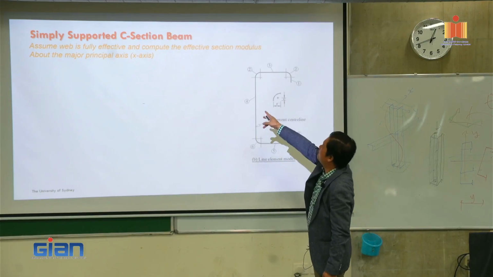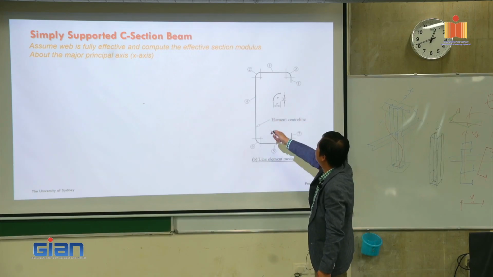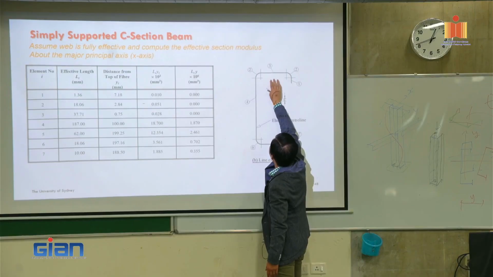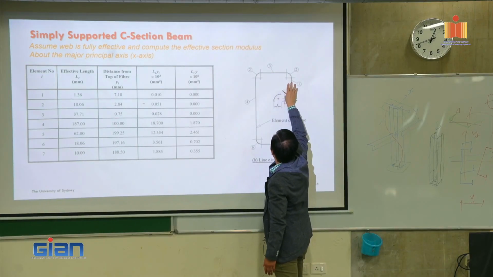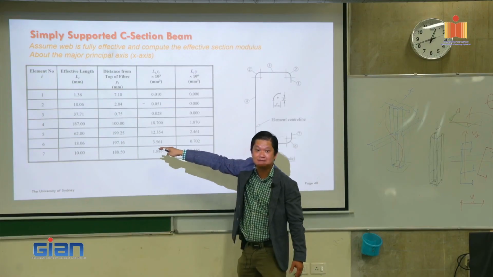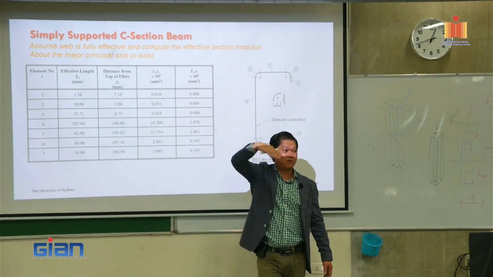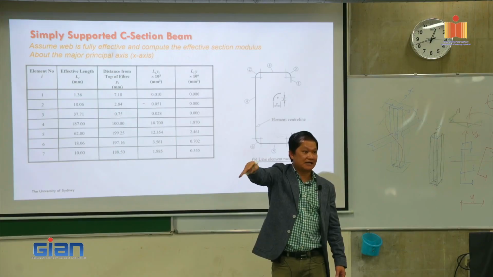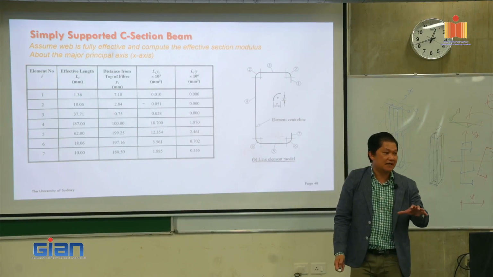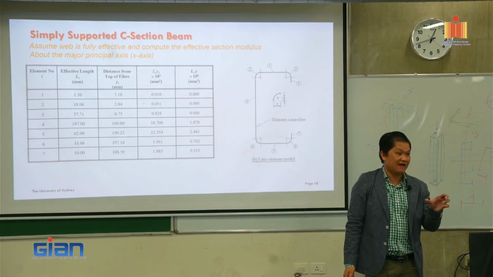We assume that first, and we put that into this equation with the fully effective area, but this is the effective area. Then we calculate Ix and Iy and everything that we followed at the beginning, exactly the same as what we did, all right? But based on the assumption that the web is fully effective.